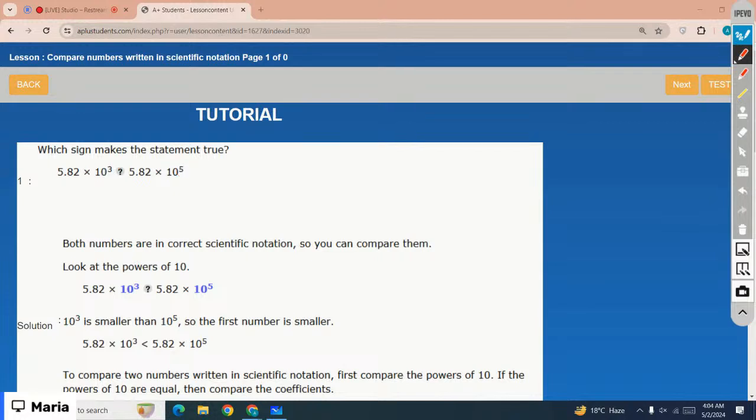You don't have to check anything. That means 5.82 times 10 exponent 3 is less than 5.82 times 10 exponent 5, because here the exponent is greater than the other one.